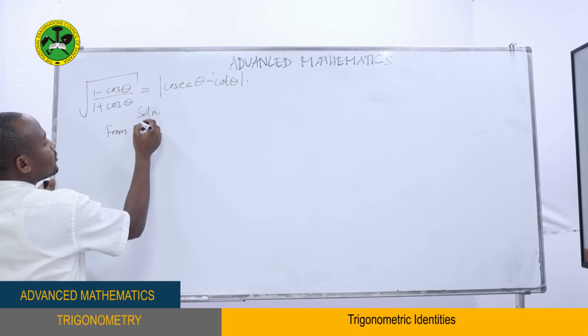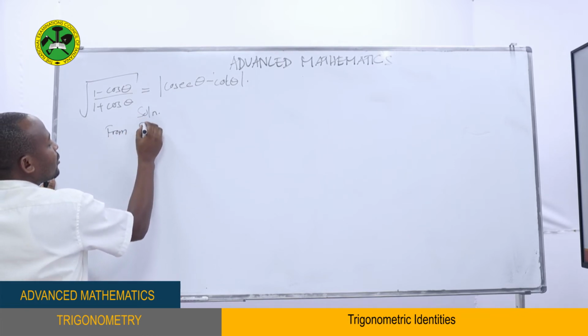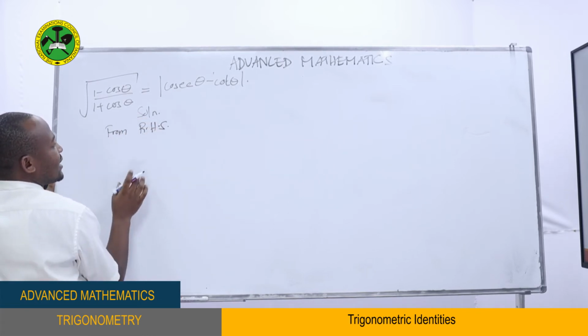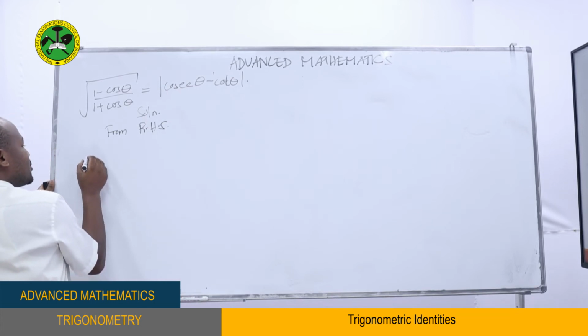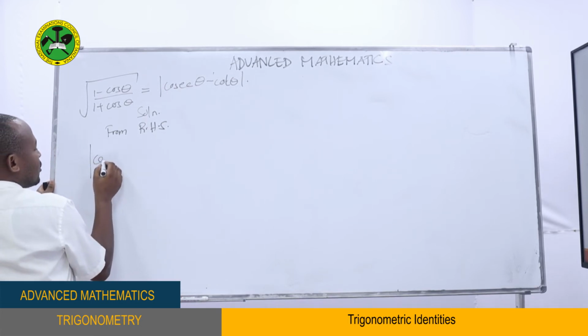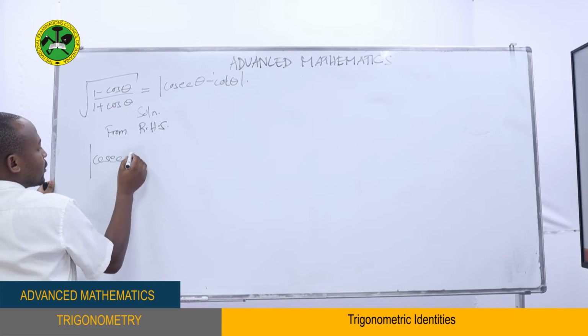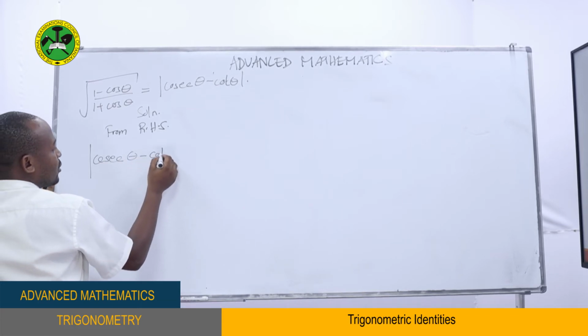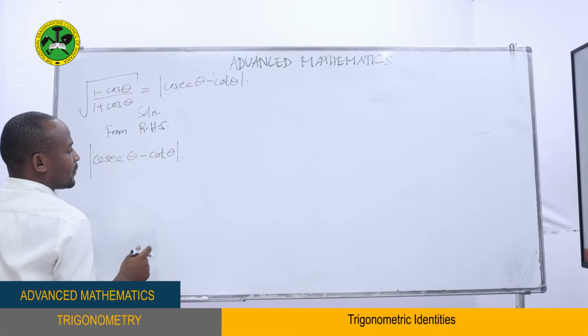Now from the right hand side, I've decided to take that side. That means we have the absolute value of cosec theta minus cot theta.